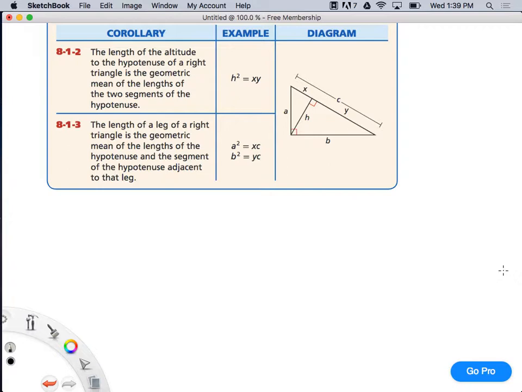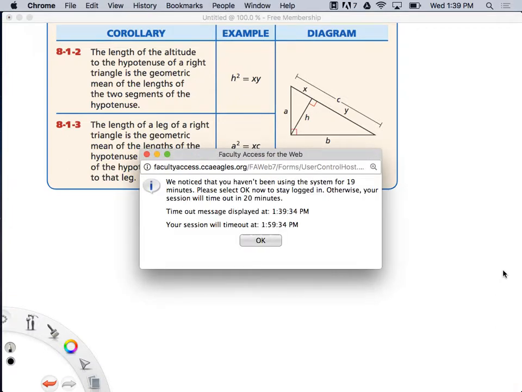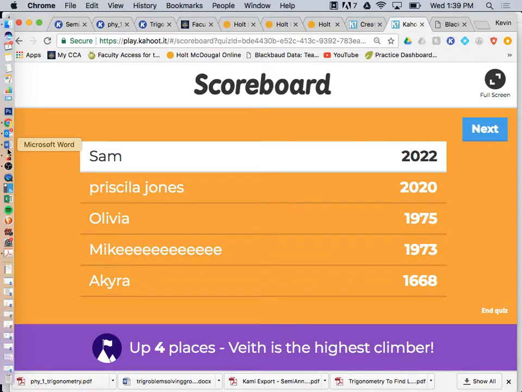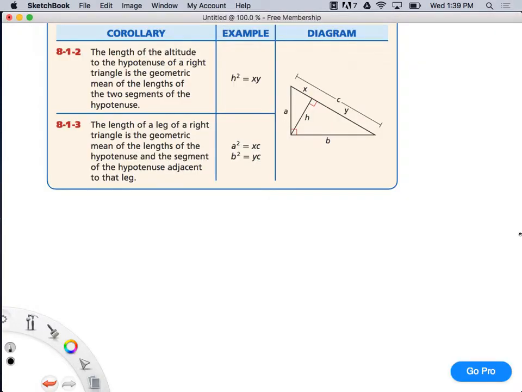So h squared equals x is 4 times y is 16. So h squared equals, what's 4 times 16? 64. So h squared equals 64.